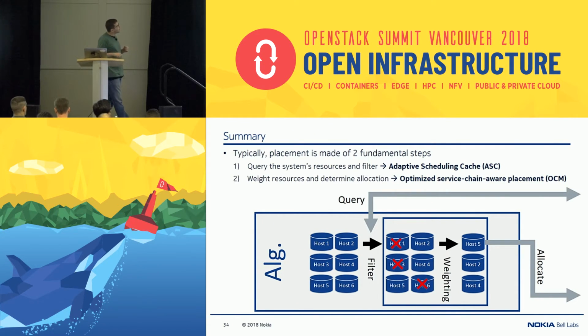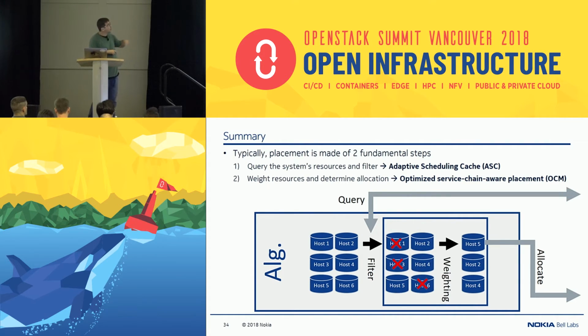Let me go back to summarize what I have shown. We said that placement is made of two fundamental steps. The first one is querying the system resources and filtering them. For this, we've shown that adaptive scheduling cache, a new technique, can dramatically improve the way we are scanning the entire system.